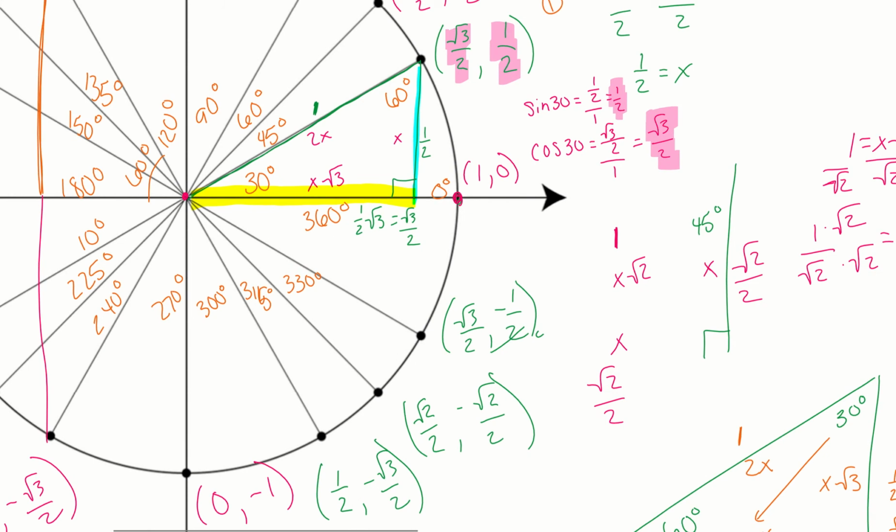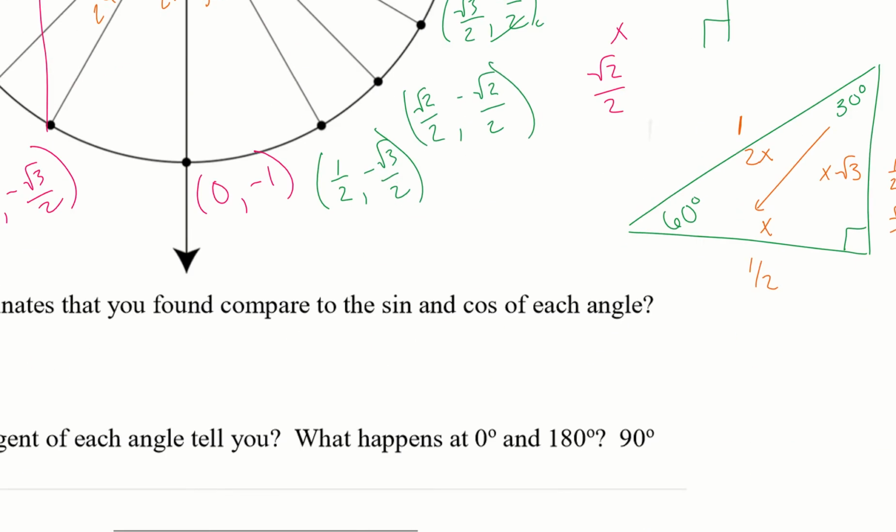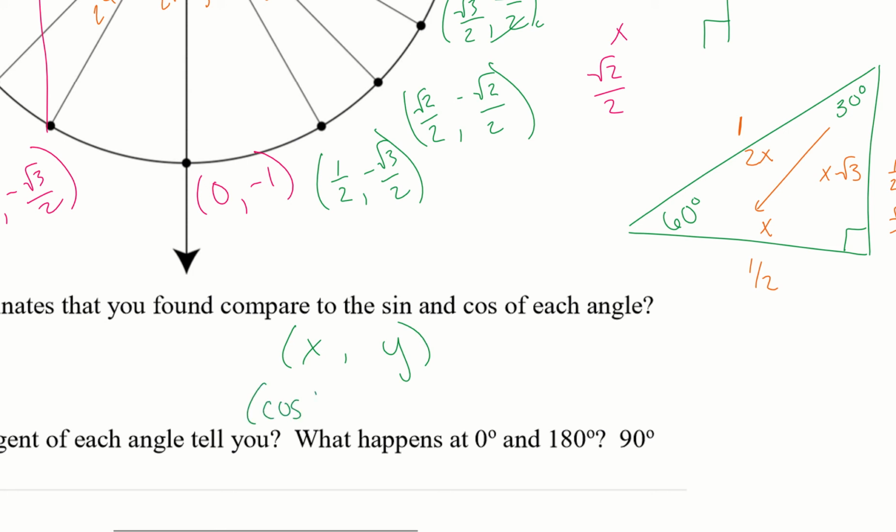Sine will always be your y value, and cosine will always be your x value. So we can think of it as cosine of theta, comma, sine of theta. So cosine represents the x, sine represents the y.